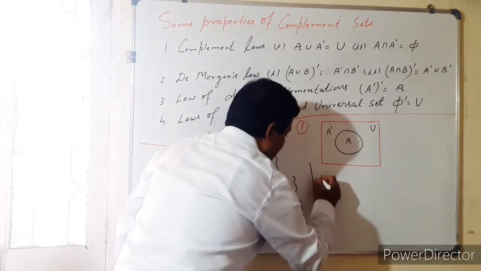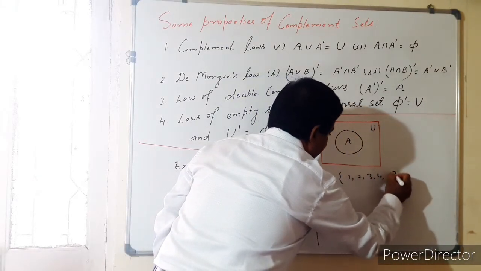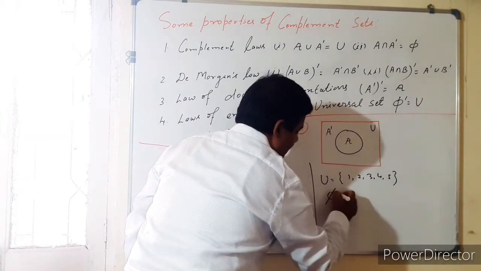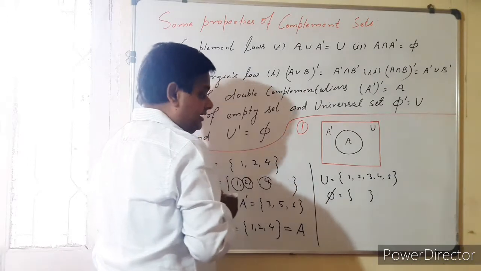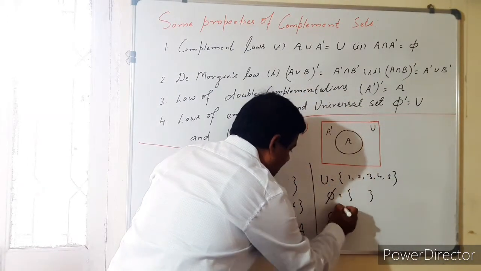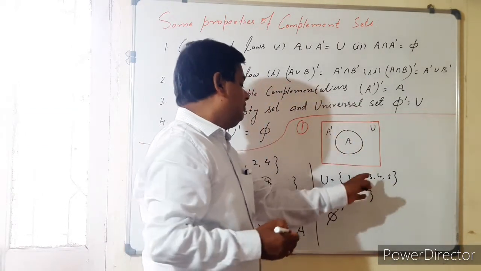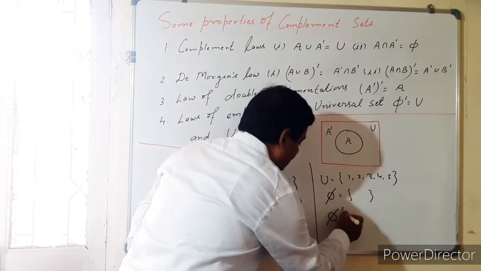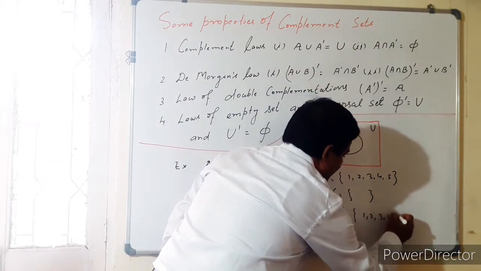Suppose you have taken the universal set {1, 2, 3, 4, 5} and phi is a set. Phi means null set; in the bracket also you can write it. If you take the phi complement, there are no elements in phi, so U will be as it is: 1, 2, 3, 4, 5.